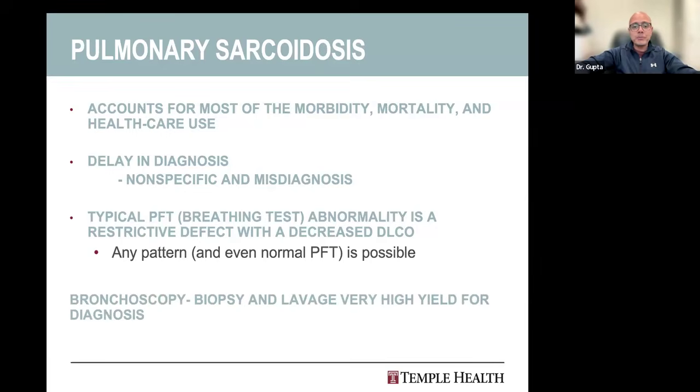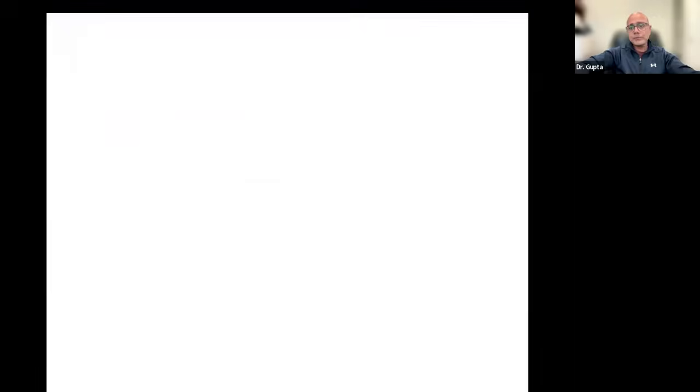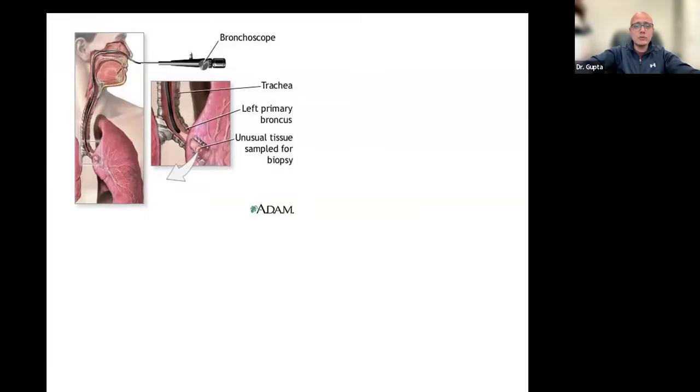Now, when we do testing and try to get a diagnosis, bronchoscopy many times is performed, and I'll show you some pictures in the next slide. It is where we go inside the airways, take samples, and that is very high yield for diagnosis. So the bronchoscopy, this is a bronchoscope, which is an endoscope which goes inside your nose or mouth.